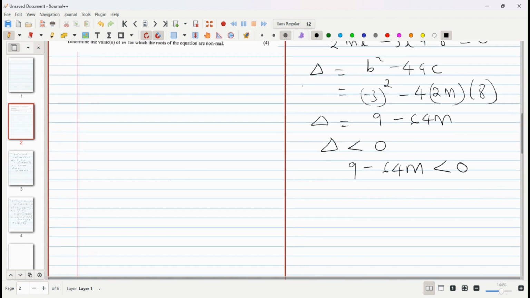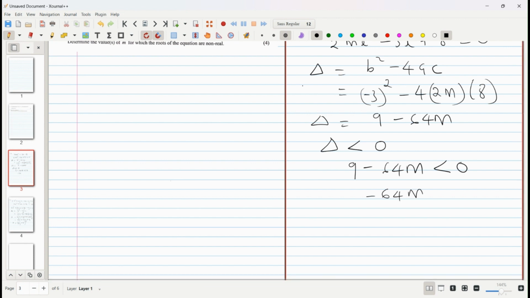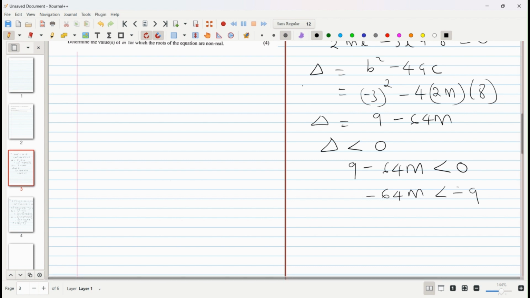Okay, so we'll have 64m less than negative 9 when we solve this. So to get rid of negative 64, we need to divide by negative 64 here and also divide by negative 64 here. Since we are dividing by a negative, this sign has to change, right?